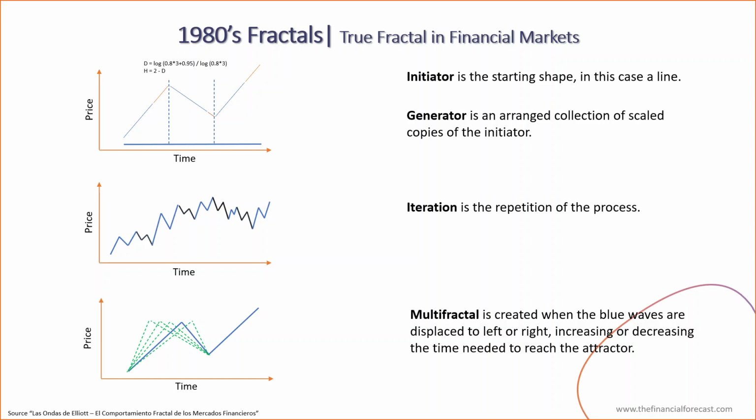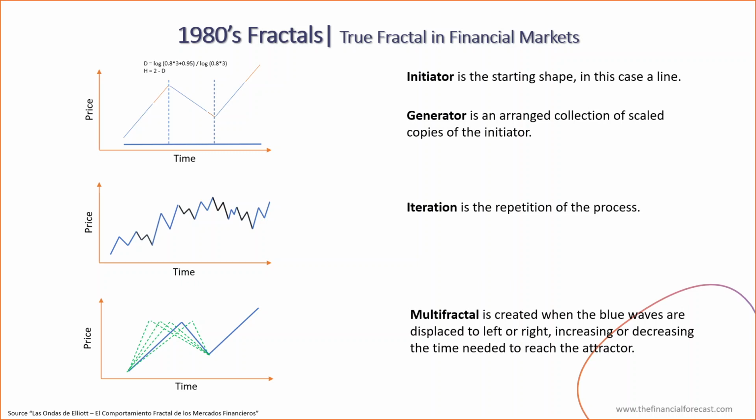And now we move to the 1980s with the definition of fractal. Fractal was defined by Mandelbrot, a French mathematician, at the end of the 1970s. With this, he described the different patterns that you can find in nature. There are simple patterns, as we said before, that repeat infinite times to create the same picture at different scales.